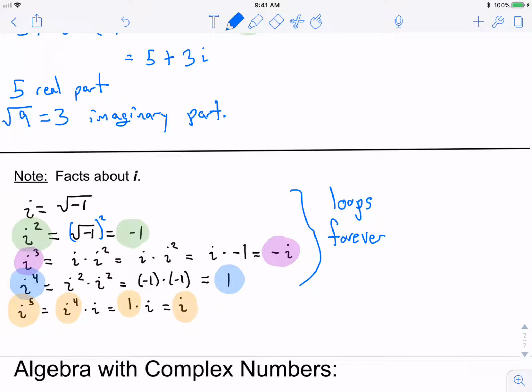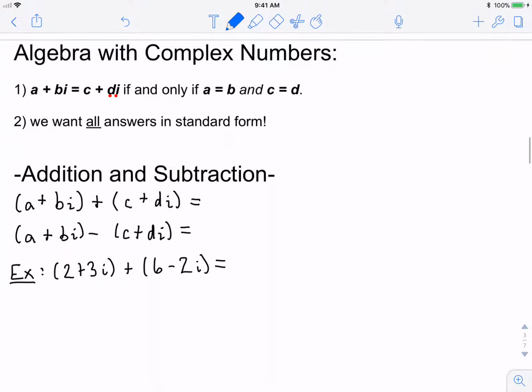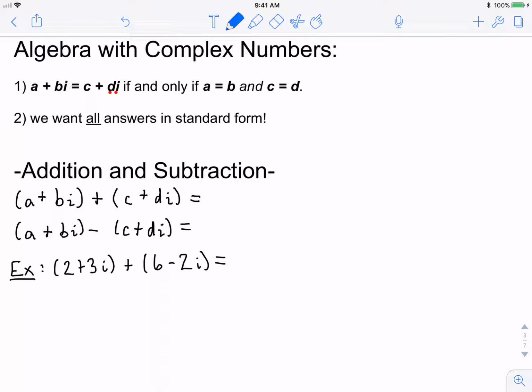Once we know these simple facts, we can start doing algebra with complex numbers. So we'll look at addition, subtraction, multiplication, and division, and we'll see how to handle these things. So first, let's note that if we have two complex numbers, a plus bi, we say that's equal to c plus di.